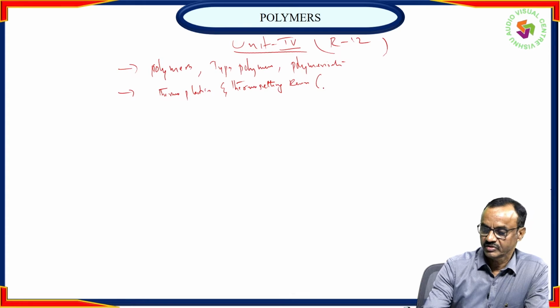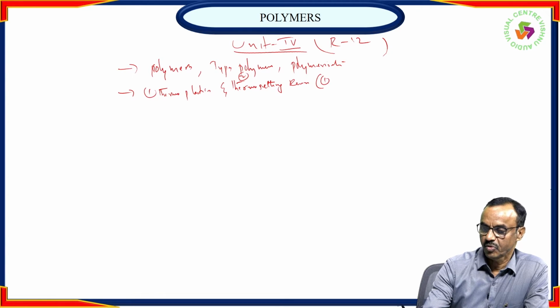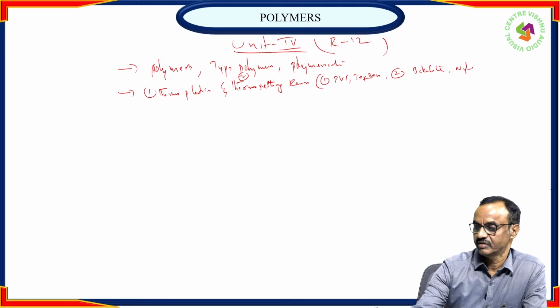Examples on thermoplastics: under thermoplastics, we discuss the preparation, properties and uses of PVC and Teflon, right? And under thermosetting resins, we are going to discuss Bakelite and Nylon 66, right?